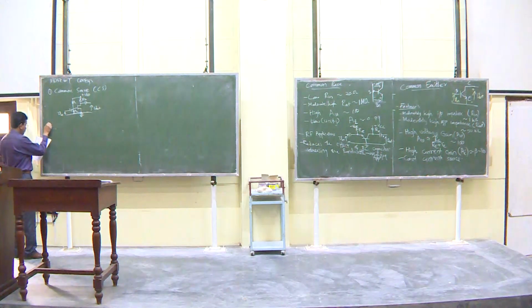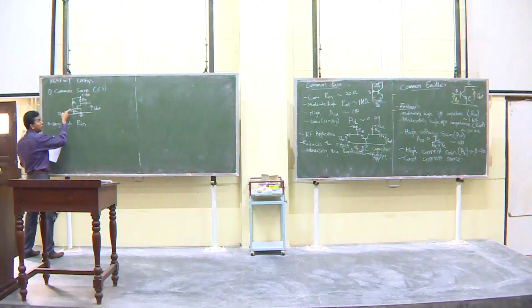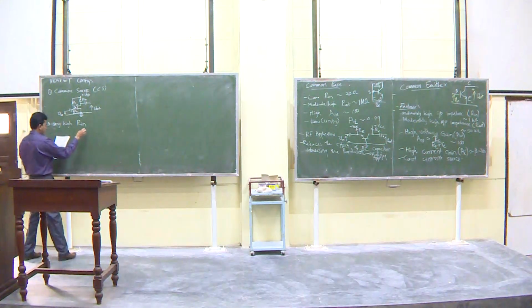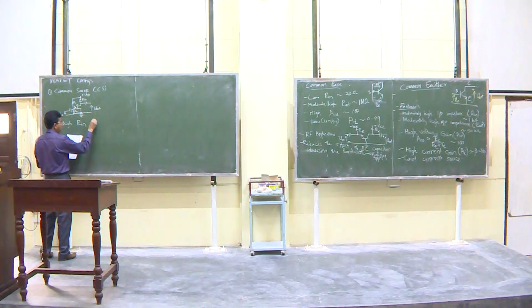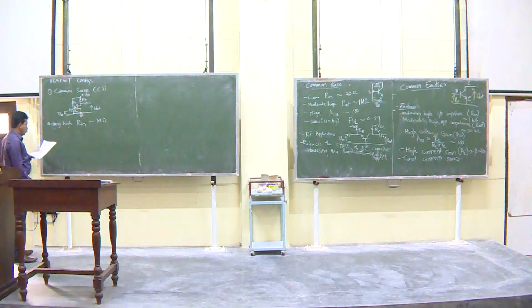So the features: very high Rin. Obviously, IG is 0, the input gate current is 0. So therefore, this is a very high input impedance, ideally infinity, in the range of mega ohms.